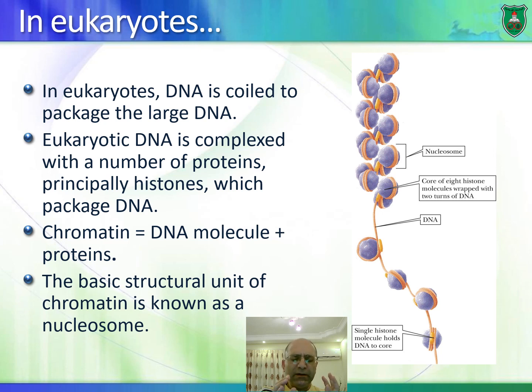It's almost like taking a rope from the University of Jordan all the way to the airport, about 35 kilometers, and you have to wrap it and pack it inside a yellow tennis ball. It's quite amazing. How can you pack this large molecule into this small structure?